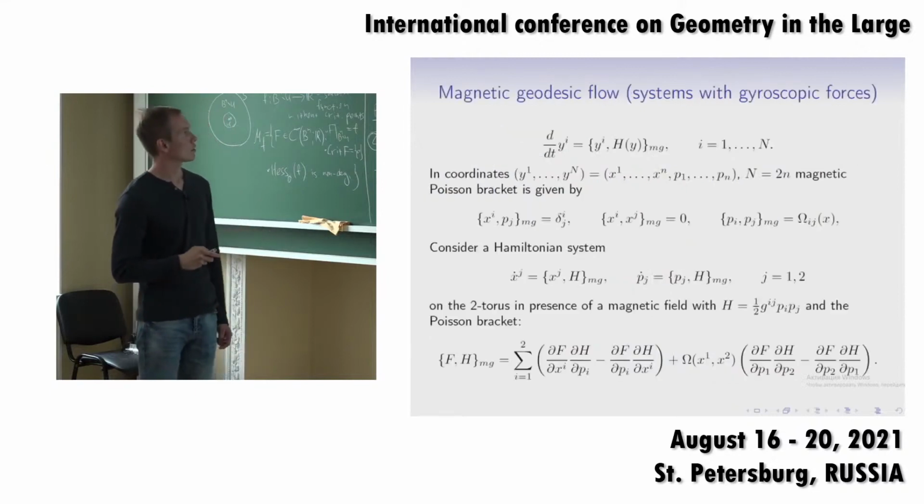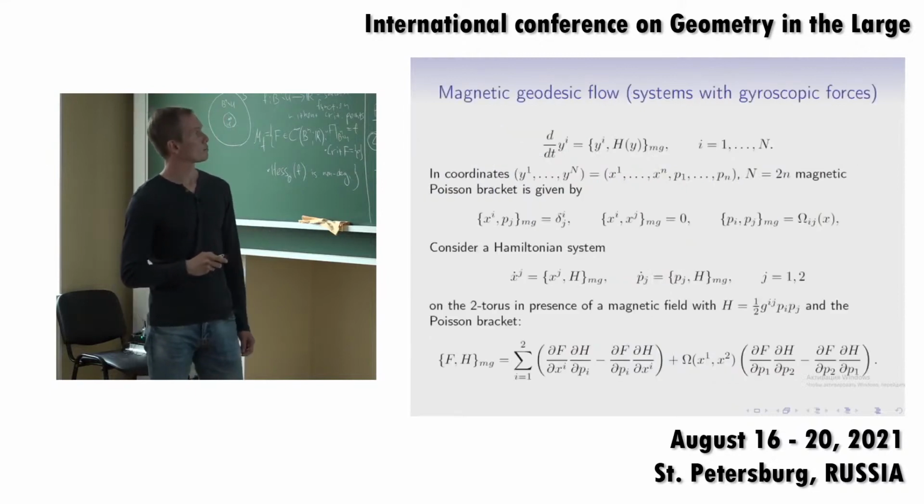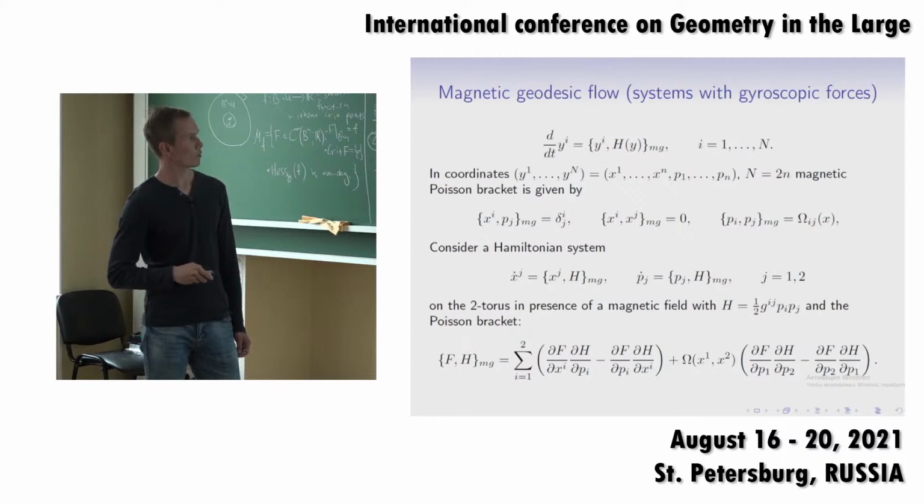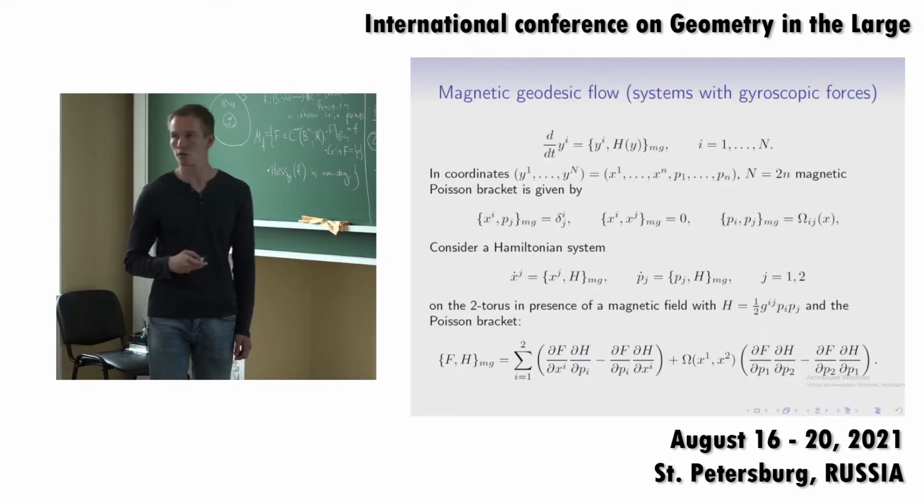Okay, now I would like to tell about magnetic geodesic flow. In this case, we consider the Hamiltonian system, but the magnetic Poisson bracket has the following form. So momenta do not commute anymore, and this function just corresponds to the case of magnetic flow.